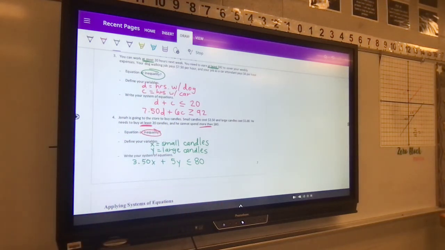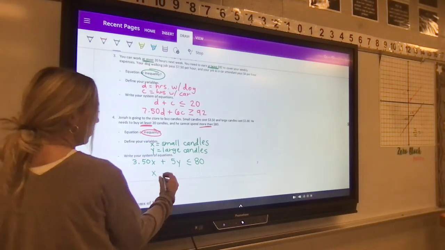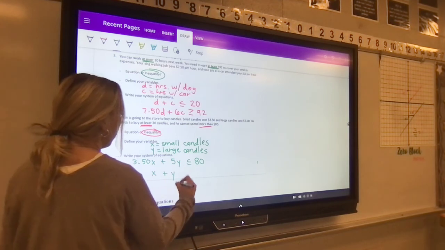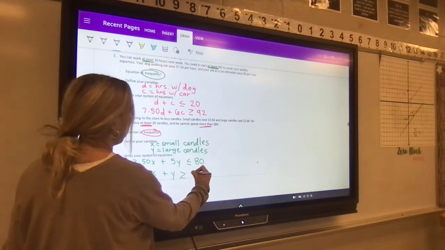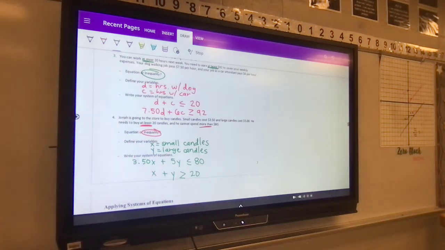So then we're looking at our quantity, and we know that there is a number of small and a number of large, and we know that he needs to buy at least 20 candles. So that would be some number of small candles plus some number of large candles, and that it needs to be greater than or equal to 20, since it said at least, okay?